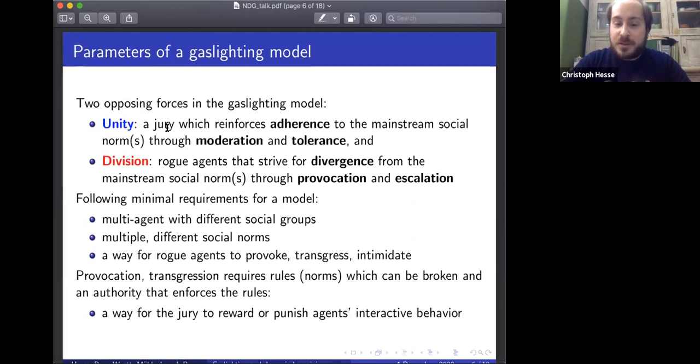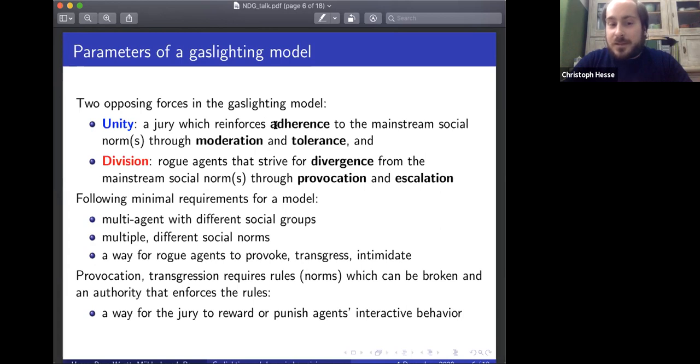So we want to have positive social norms and negative social norms, because in both the case of gaslighting and oppressive speech, what the perpetrator is doing is they're going against some mainstream notion, some view of the world that the majority of normal people would usually assert and assume. And so we need this kind of dichotomy.